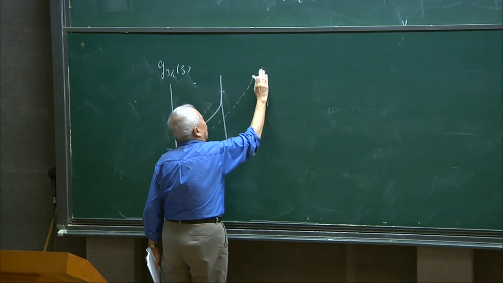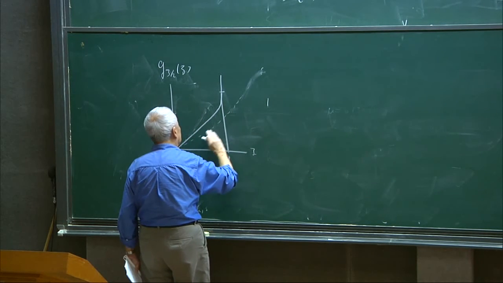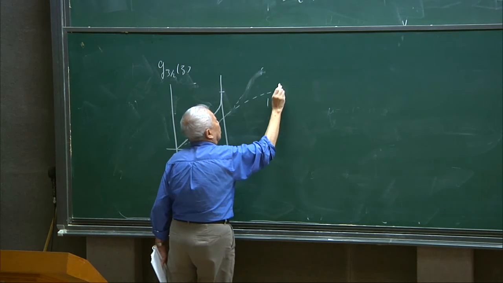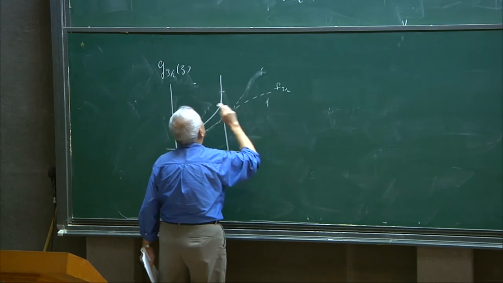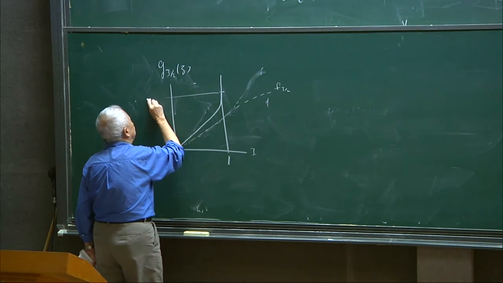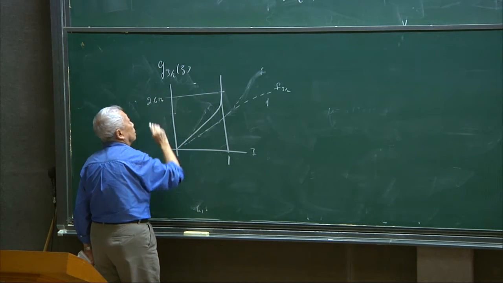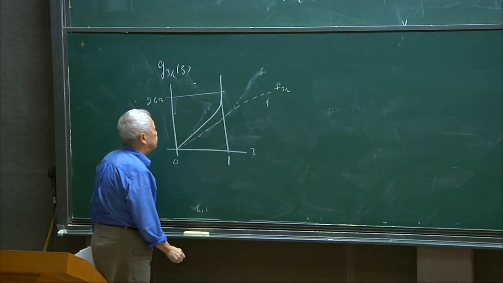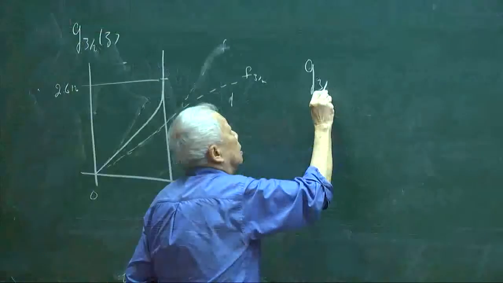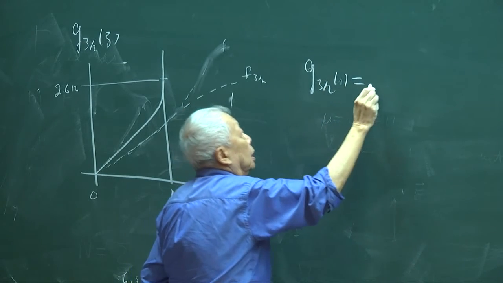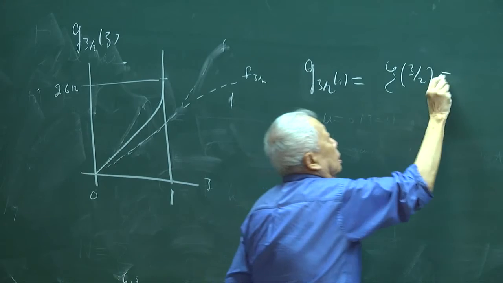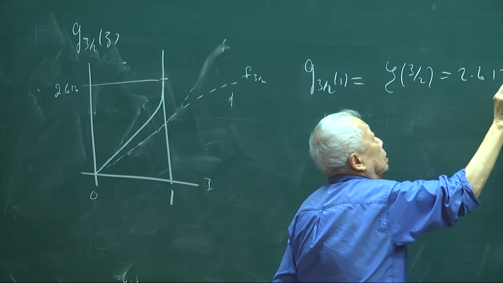This is G 3/2. And this point is 2.612. G 3/2 of 1 is equal to the Riemann zeta function of 3/2. This is 2.612.